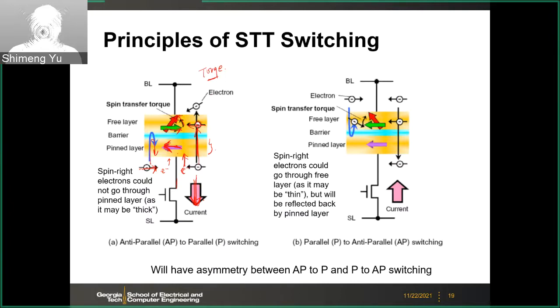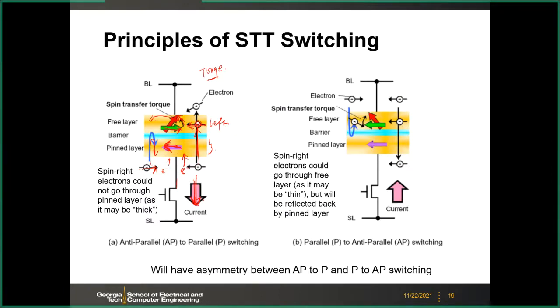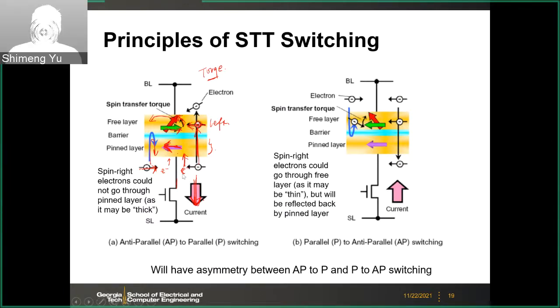So because this is pointing to the left, it tends to move the magnetization underneath to move to the left as well. So you will insert a torque. The spin left electrons will try to move this free layer. So after the switching, then this will move to the left. So that's the principle of the anti-parallel to parallel switching, because the spin right electrons are blocked or reflected by the pinned layer.